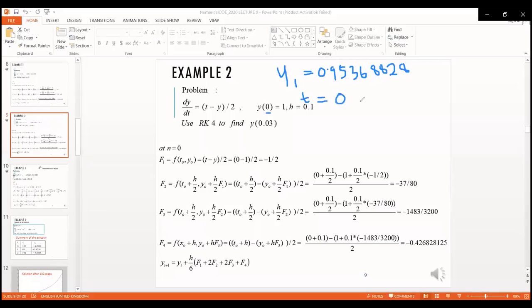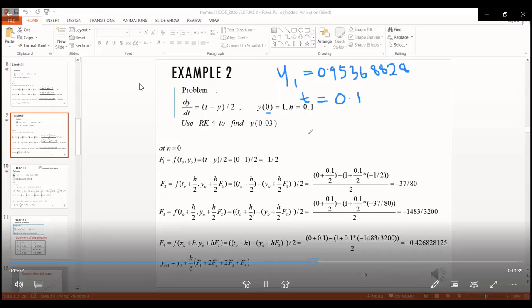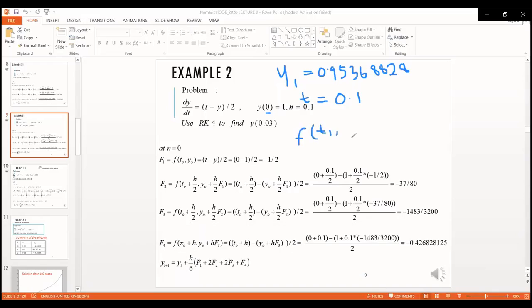So what you're going to do is you come and substitute this value back into these 4 equations you have here. You just substitute all those values back into those 4 equations. So F1 is going to be what? It's going to be F evaluated at T1, Y1, which is going to be equal to what?